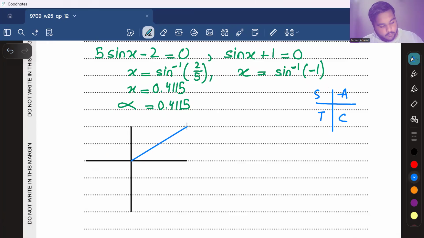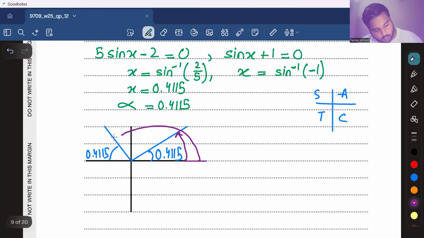Like this, so this is 0.4115, and here is 0.4115. This will be from here till here, and this till here.